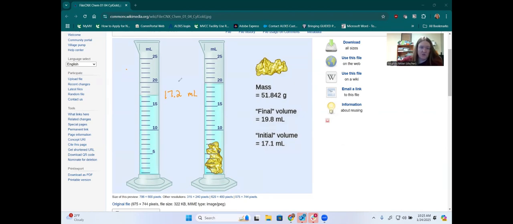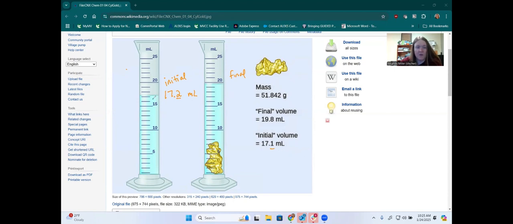That's my initial volume here in this experiment. And then we put in a chunk of, it looks like gold maybe, and we're going to read the volume here. For this one, our final volume, they say 17.1, 17.2. These are the same reading, all right?